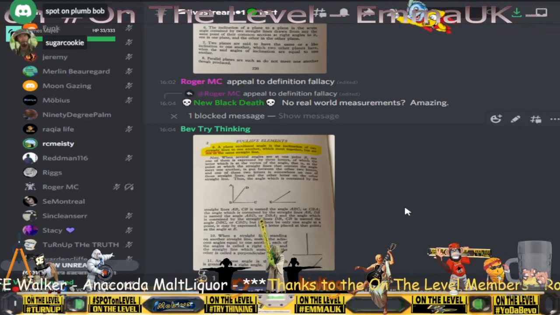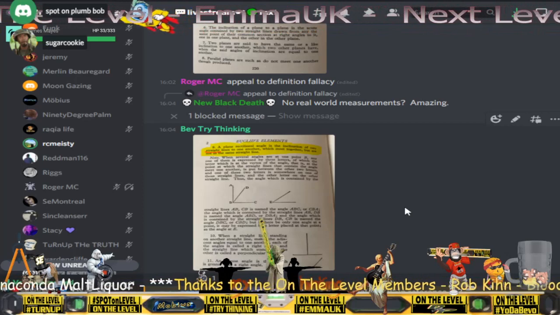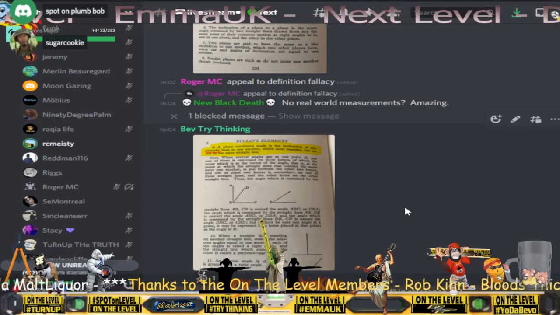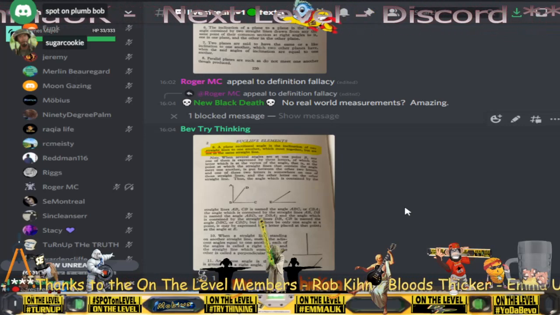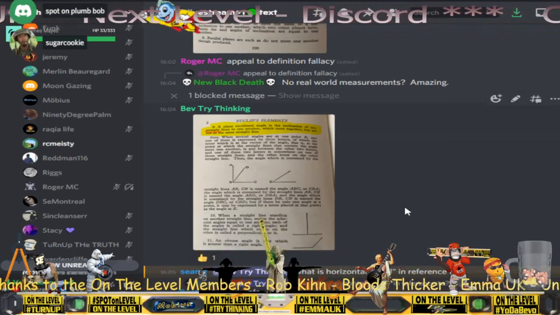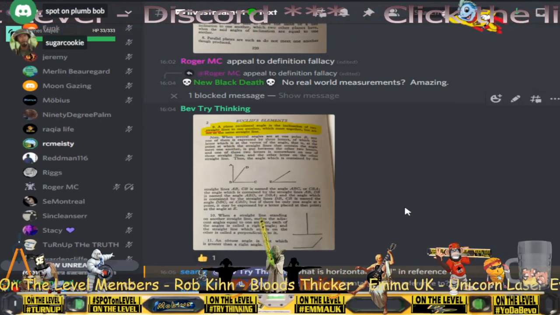Bev says no, they are parallel. And I said, okay, show me the measurements of it. Show me that these lines have all points on them that are equidistant. He can't show me that because I've shown him that the points on these lines are not equidistant. Okay, they're not parallel. This is not hard.